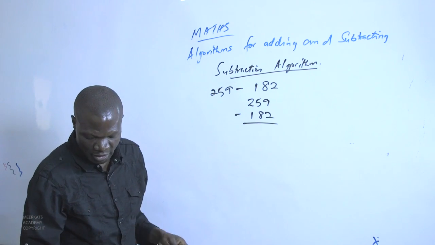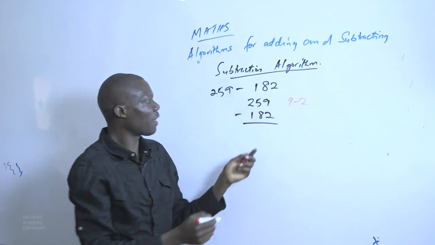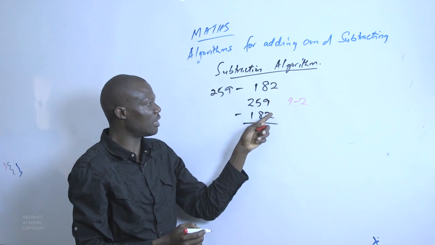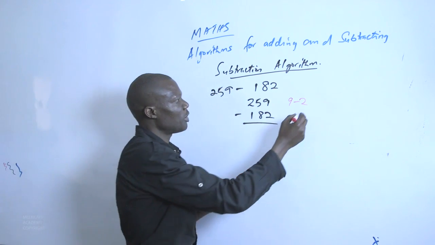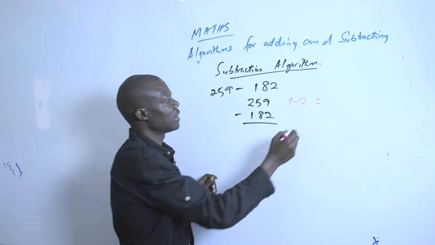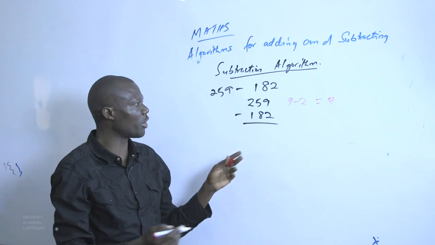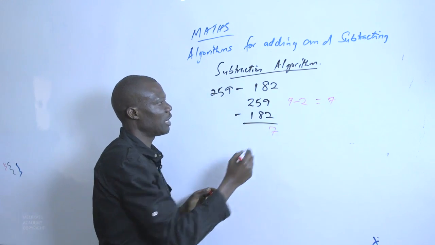So the first column is 9 minus 2. When you subtract 9 minus 2, what you get is a 7. So 9 was greater, so there was no borrowing, so we maintain a 7 there.